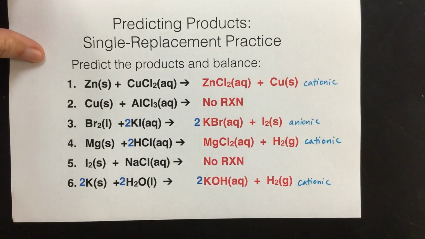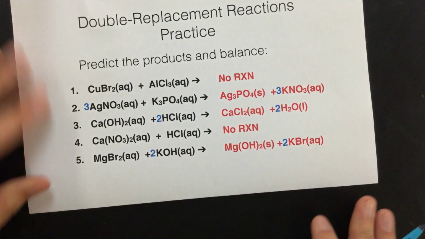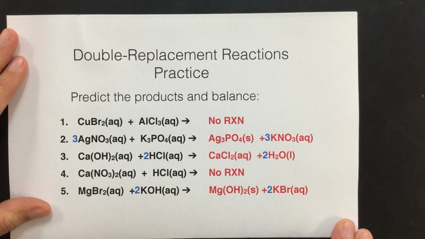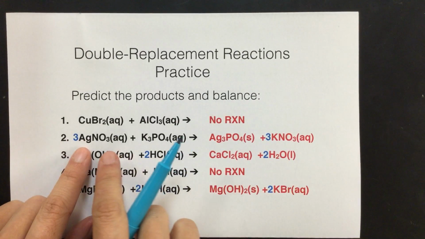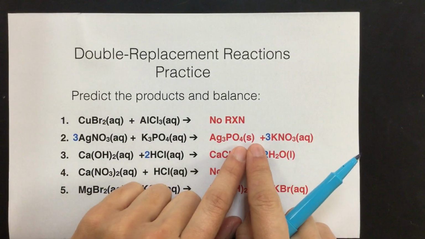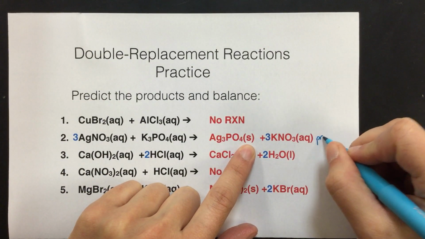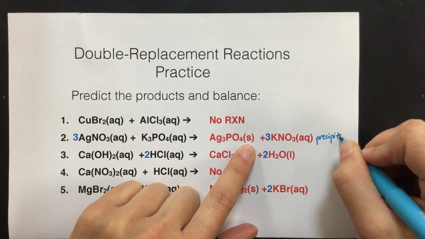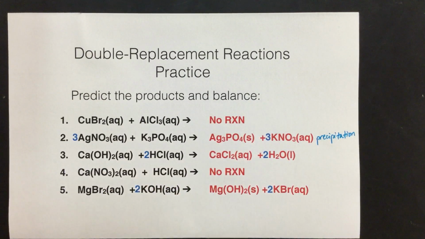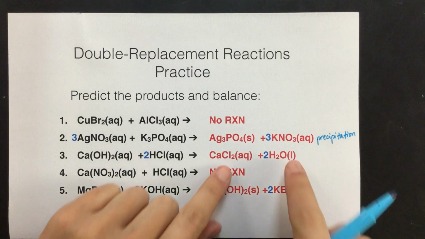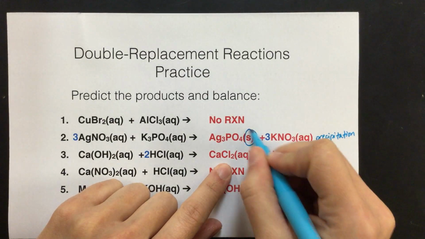Okay, and then we can go through the double replacement ones. So now the option is either precipitation or neutralization. First one's no reaction, but the next one, remember we're just looking at the products here. So here we made a solid, so that would be precipitation. The next one, we formed water. Here, I'll circle this solid.